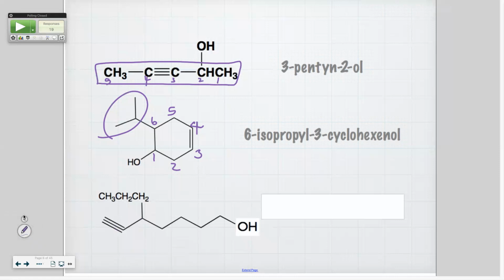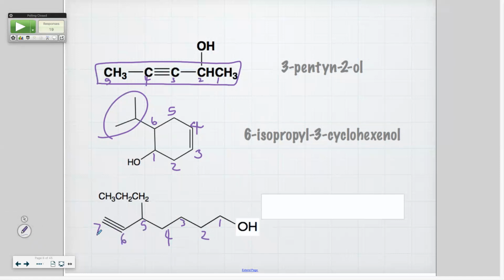Yeah, you have to include the triple bond. So it's going to be 1, 2, 3, 4, 5, 6, 7. Don't forget to count the carbon at the end too. I've noticed people skip that. And don't skip a carbon on the zigzag part. Okay, that's not a good thing.